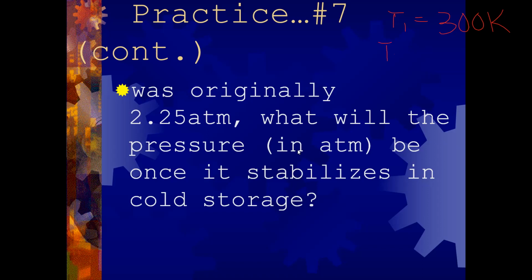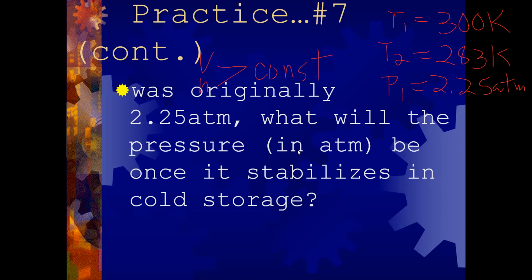T2 is 10, so that is 283 Kelvin. Always change it, remember that. And P1 was given to us in atmospheres, and it's 2.25. The volume and number of moles are constant. So this is a Gay-Lussac question.